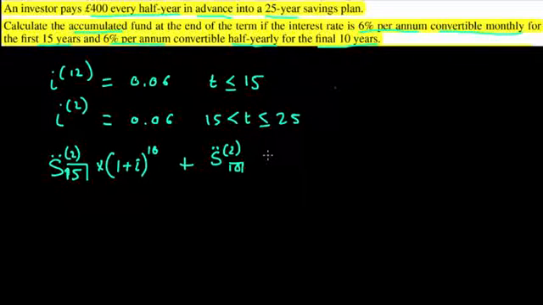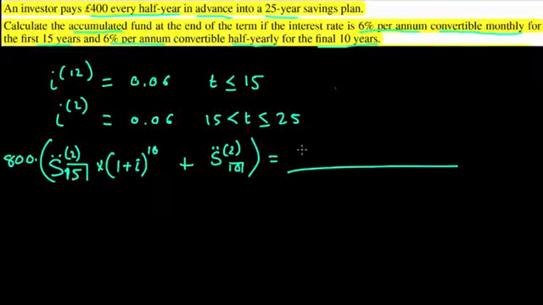Then we multiply this whole thing by £400, which is half yearly, so times 2, which is 800. That'll be our answer in pounds.